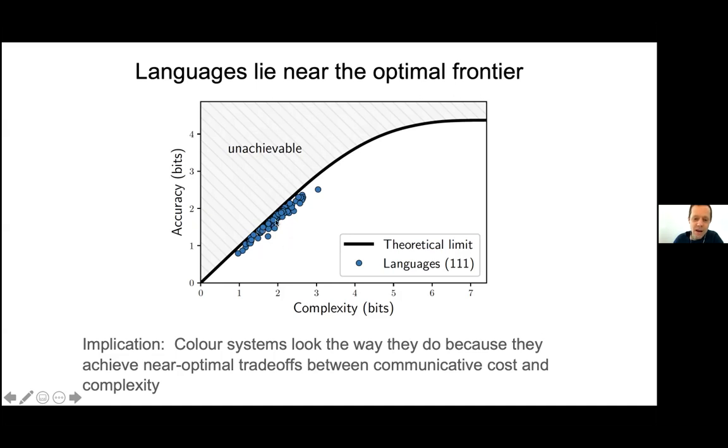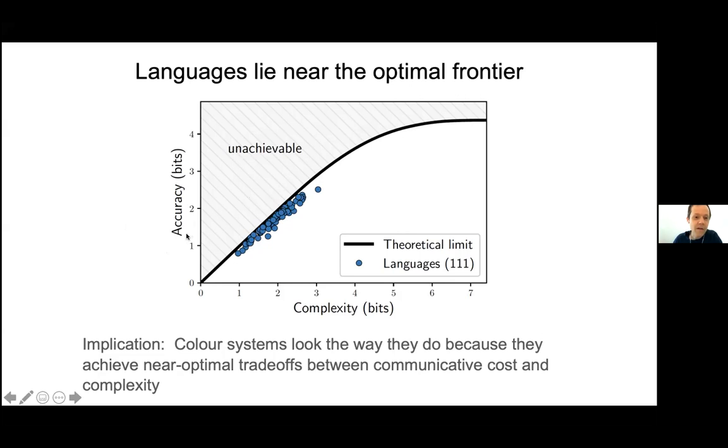Which dot is English? I don't actually remember. It's in Noga's paper. I think it's neither the most complex. So English has about 11 basic color categories. Some languages have a few more than that. So English is towards the more complex end, but not the most complex. So maybe up here somewhere, but I forget exactly where.